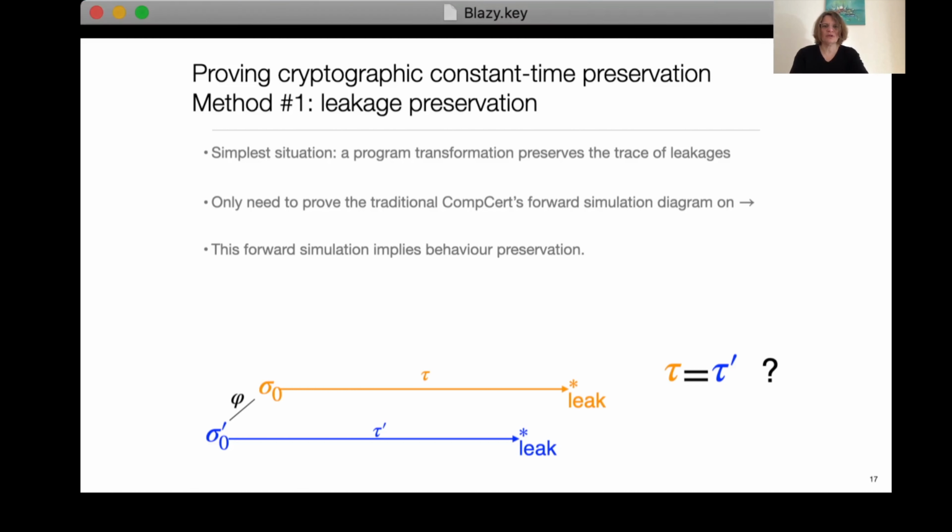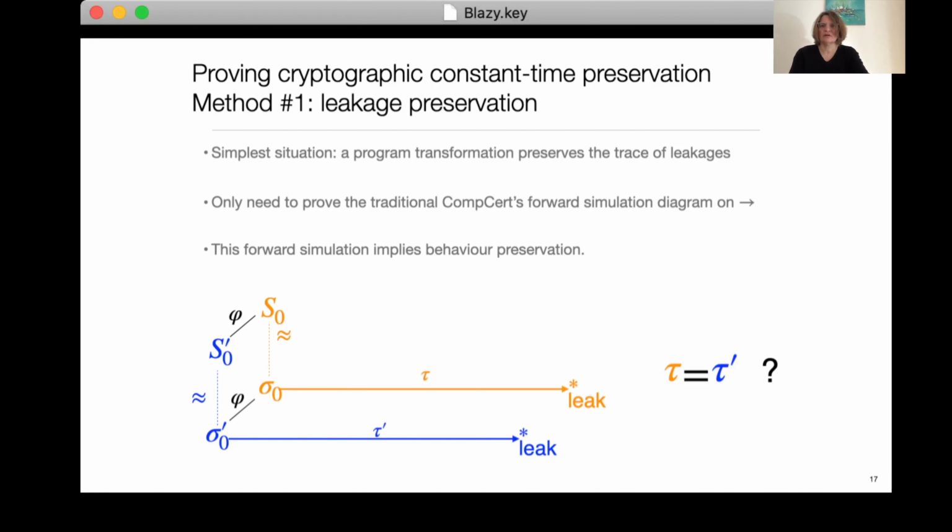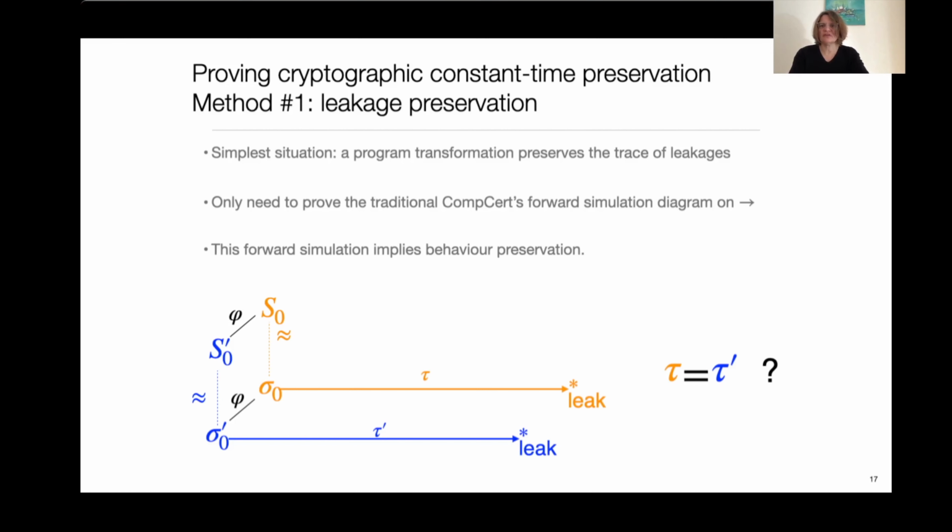Well, first, we exhibit the corresponding source states that are also related by phi, and that match with the target state. Because we assume that the source program is safe, we can also exhibit source executions.